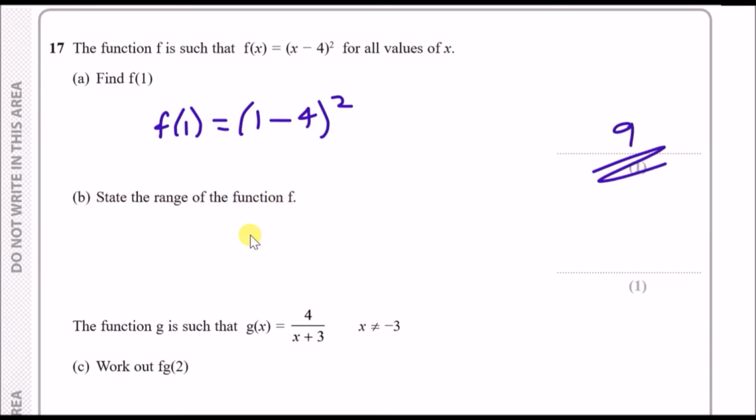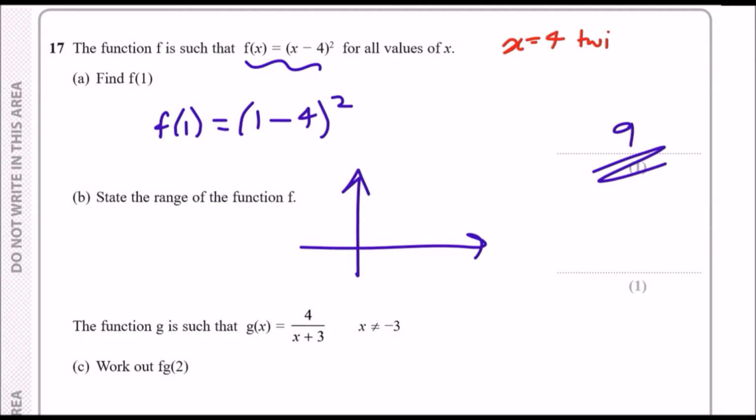Now b, state the range of the function f. To find the range, they essentially want us to see how the graph looks and what values of y it takes. To plot this function, I'll plot it like this: you've got your x and y axes. We know for sure that because the function is (x minus 4) squared, it hits at x equals 4 twice. If it hits twice, it means it bounces. So suppose x equals 4 is here.